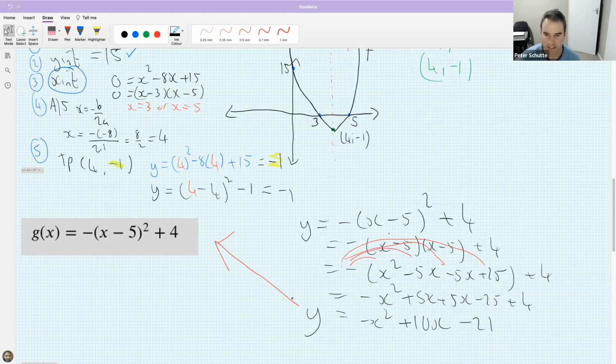Yes, Inga, exactly. So Inga is asking me if I wanted to get the turning point straight from here. Inga, the turning point would actually be 5, 4. So it's minus P, it's minus whatever this is. So it's going to be 5 and then 4. And you'll see that if you go through the 5 steps, you will get that here too.